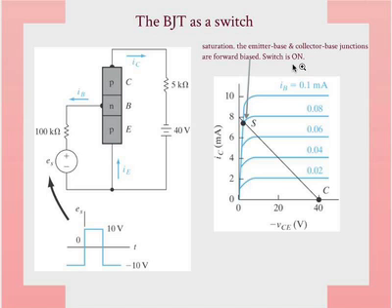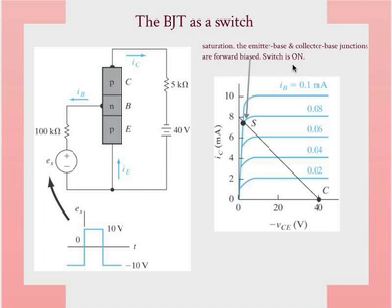So if you look at this highly simplified circuit that I drew here, this is the base. When this is forward biased, and this is barely forward biased, is when you get saturation.